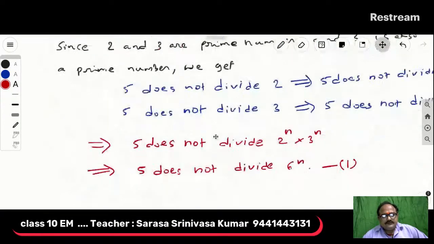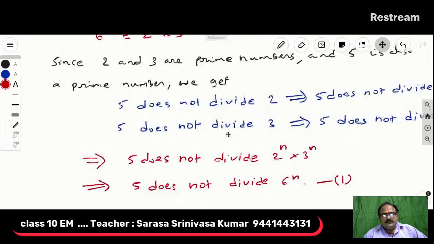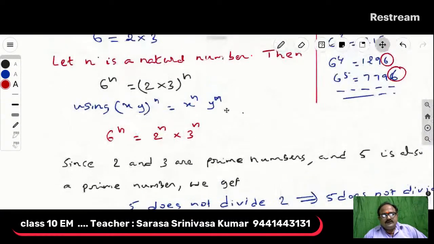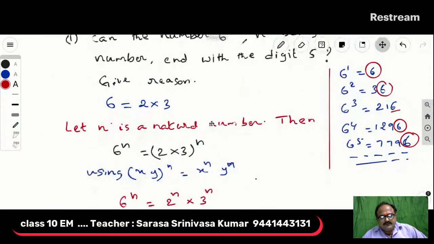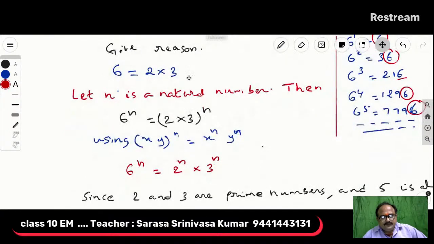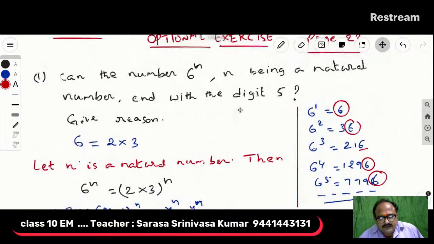So I have given you the information regarding the divisibility by 5. Now I would like to answer the question whether 6 power n ends with the digit 5 or not. Let us discuss this.